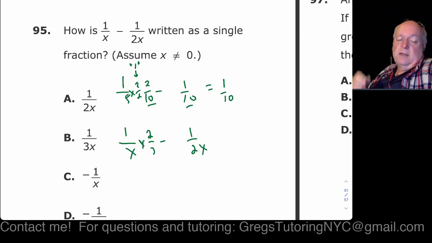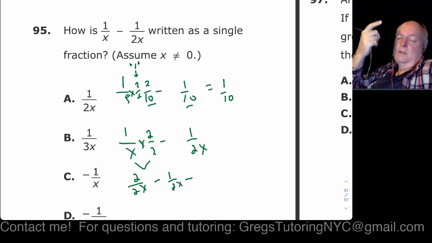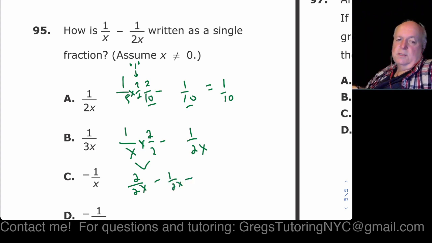I didn't use 5 and 10 earlier because of that, and basically that means this guy here maps to 2 over 2x, and you can see that's still the same as 1 over x. Minus 1 over 2x, if I have 2 over 2x minus 1 over 2x, I get 1 over 2x.